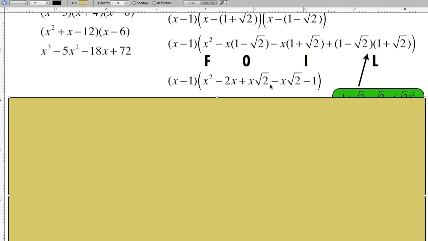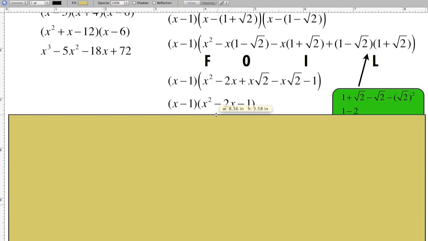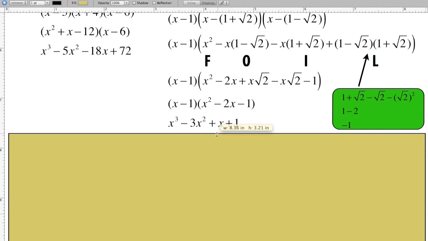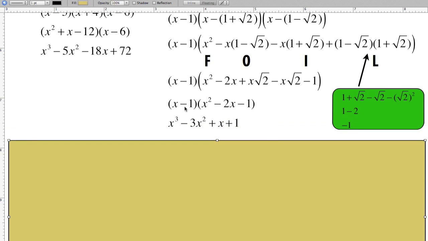I collected like terms with the x. I left this part separate because I wanted to make sure that you saw that this, in fact, did cancel out. You have x square root of 2 and minus x square root of 2. Here again, just confirmation that my radicals did separate and cancel each other out. So I don't have any radicals left. And so, I think you can follow me from there.